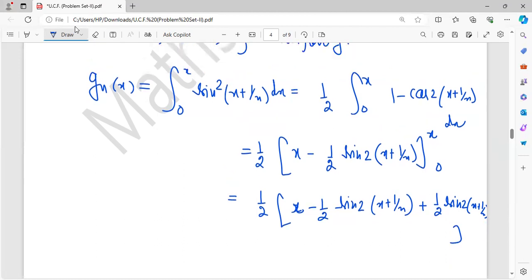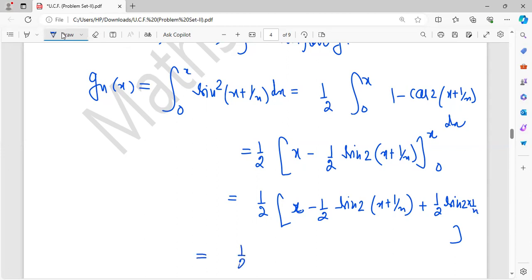Sorry, it is sine of 2 by n, so it is 1 upon 2n.